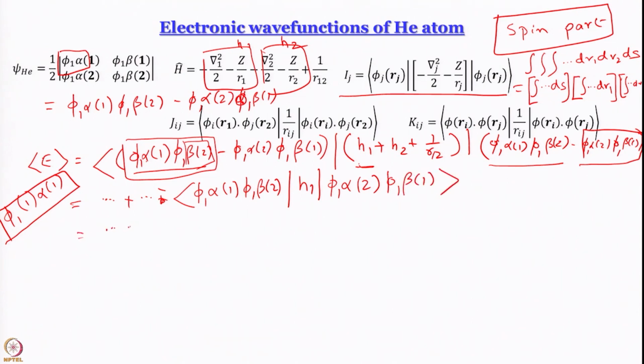I am not writing the first terms, whatever terms are there, only this term I will focus on. What will happen? I can bring out phi 1 1 H1, then phi 1 2, right. So, what I get here is, even before going there, here we have alpha 1 and here you have beta 1.